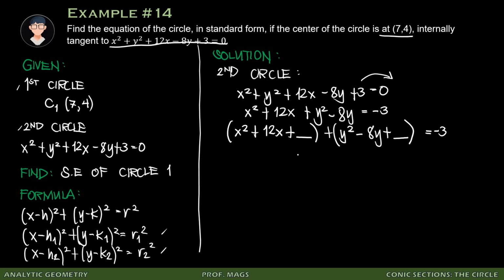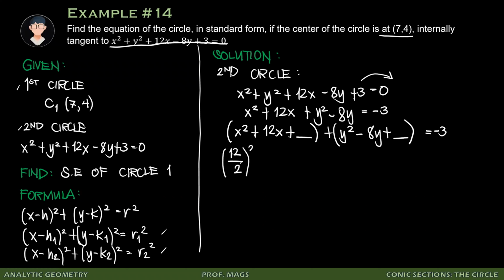Okay. Now we're going to be using completing the square method. For the completing the square method, you have to get the coefficient of the middle term. So the middle term in this is 12. And we have to divide it by 2 as per rule of the completing the square method.